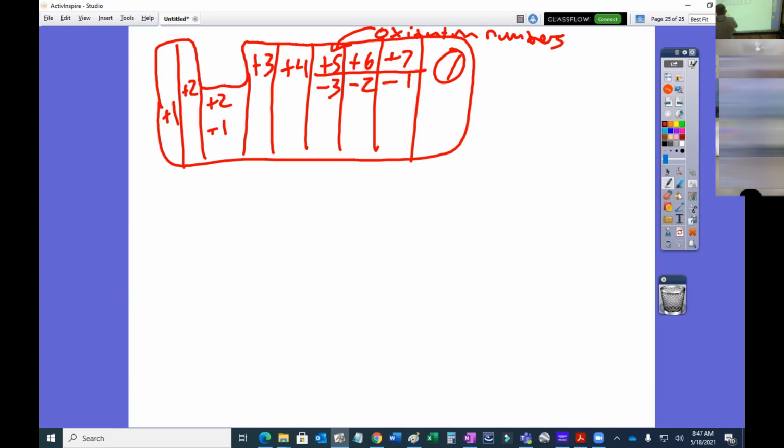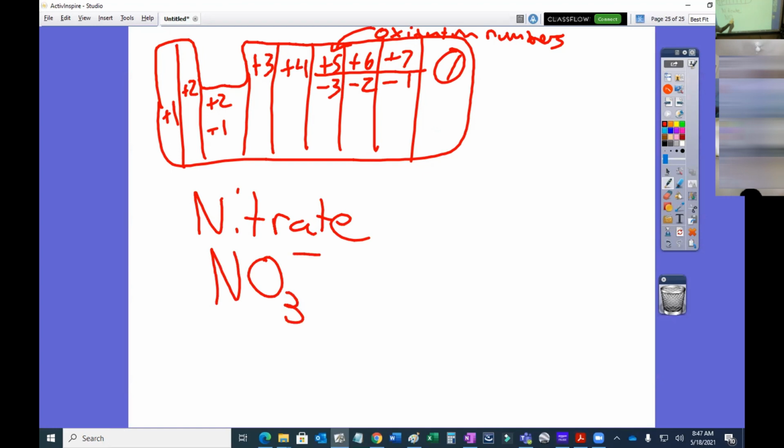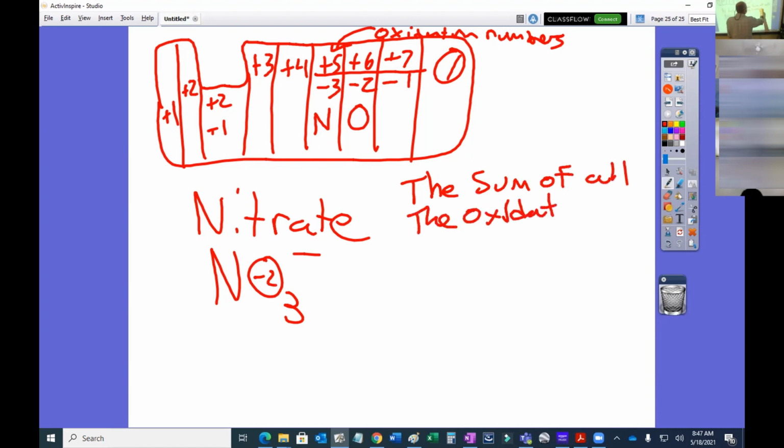So if you put nitrate, NO3-, and you look at the fact that nitrogen is here and oxygen is here, here's what I want you to realize. Oxygen's to the right, that means it will be the negative one. It's written to the right, it's the negative one. So if this is going to be -2, watch what I'm going to do. The sum of all the oxidation numbers equals the charge. Well, the charge is -1.